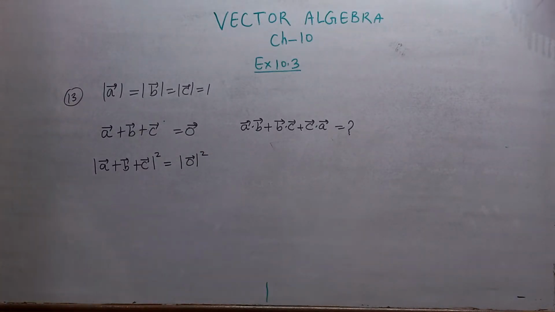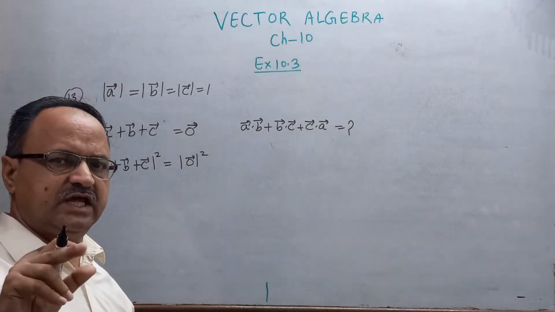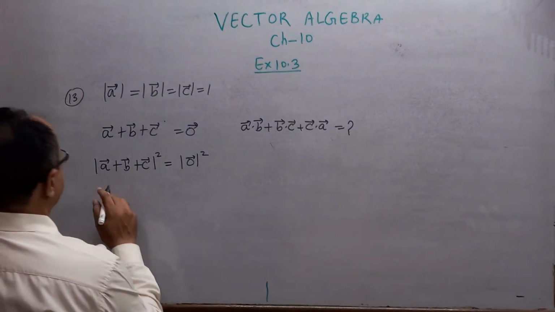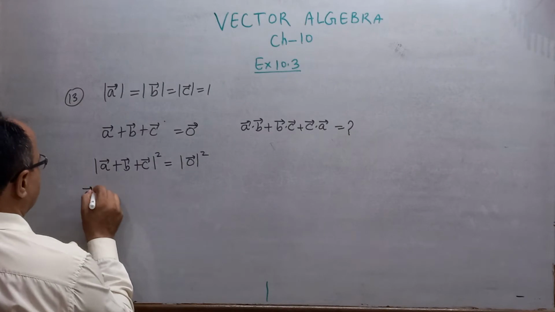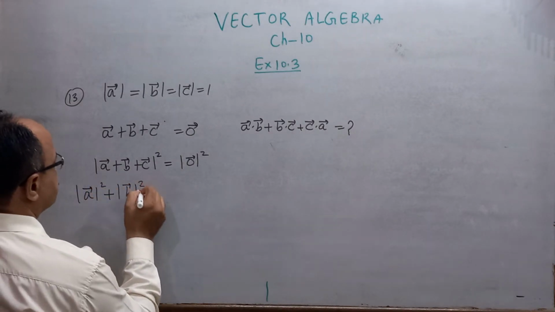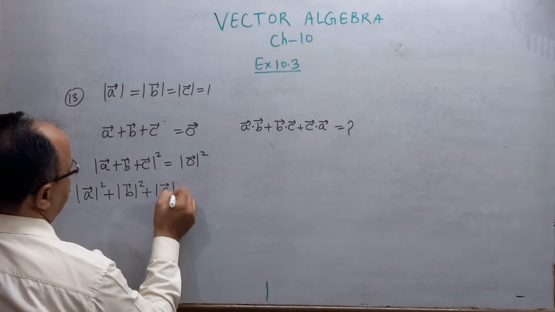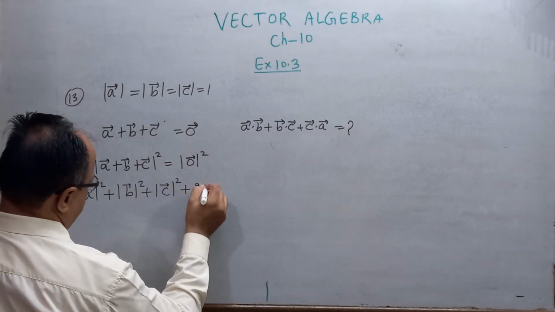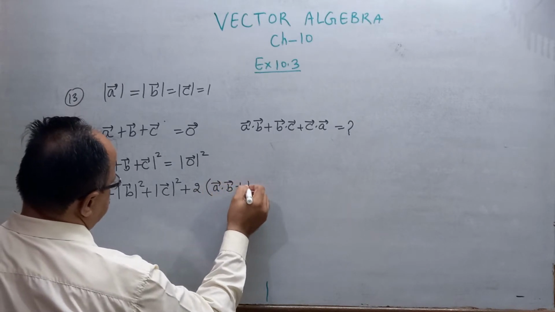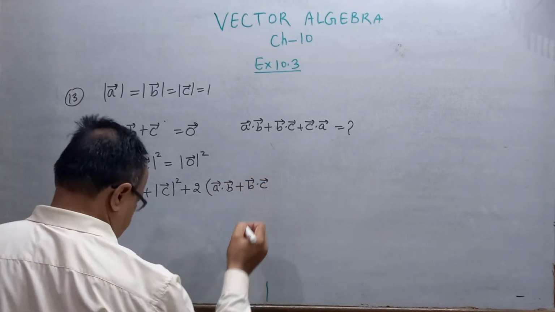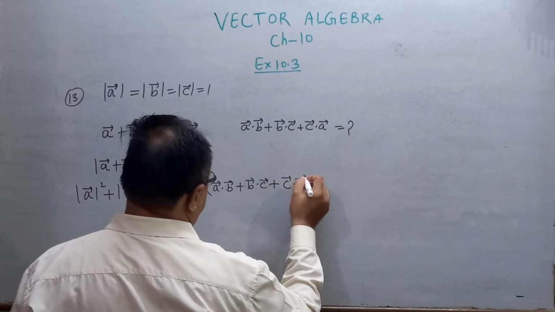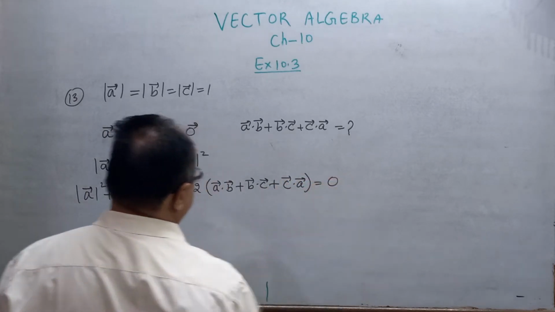And you know that the modulus of vector A squared means A dot A. So you can write here magnitude of A squared, magnitude of B squared, magnitude of C squared plus twice (A dot B plus B dot C plus C dot A) is equal to 0.